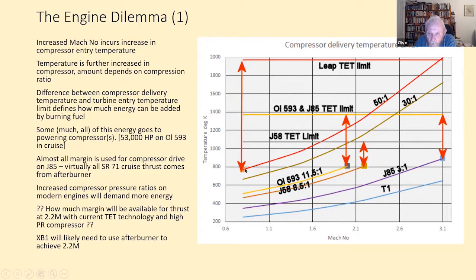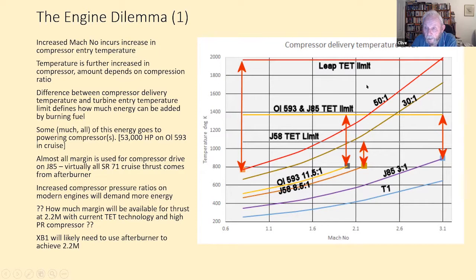What I don't know, what I worry about, is if you take a CFM56 core or something and you take it up to 2.2, which is what they're proposing, then how much of that margin is needed to drive the compressors, bearing in mind that instead of running that compression ratio of 11.5 to 1, they're running 30, 40, maybe 50 to 1.